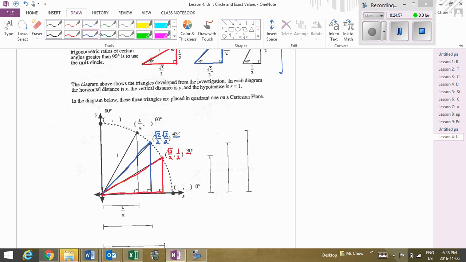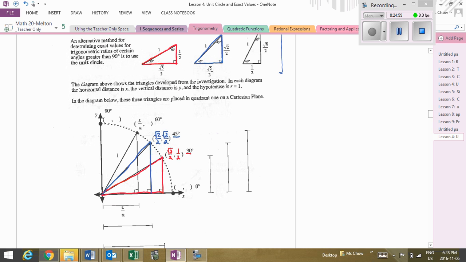If we look at the next triangle, which is really the same as our first triangle, just rotated around, that is our 60, 30, 90 degree triangle. Again, we know that the x value, the width here, or the adjacent to the 60 degrees, is 1/2. They've already written that out.